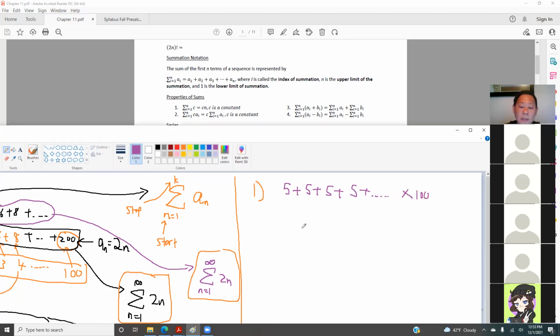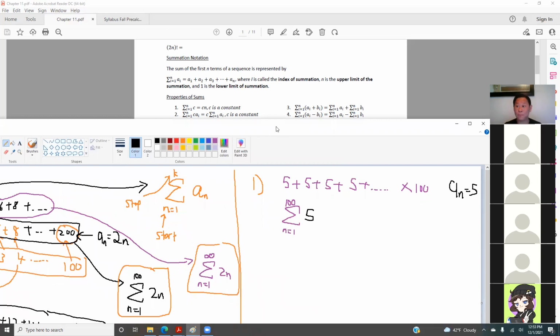Okay, so this is the meaning of the summation of n is 1 because you start from 1 and you go all the way to 100. Now, since they're all 5, 5, 5, 5, 5, your an term in this case is 5. Okay, so that is if you have a constant, meaning a number that is repeated the same.